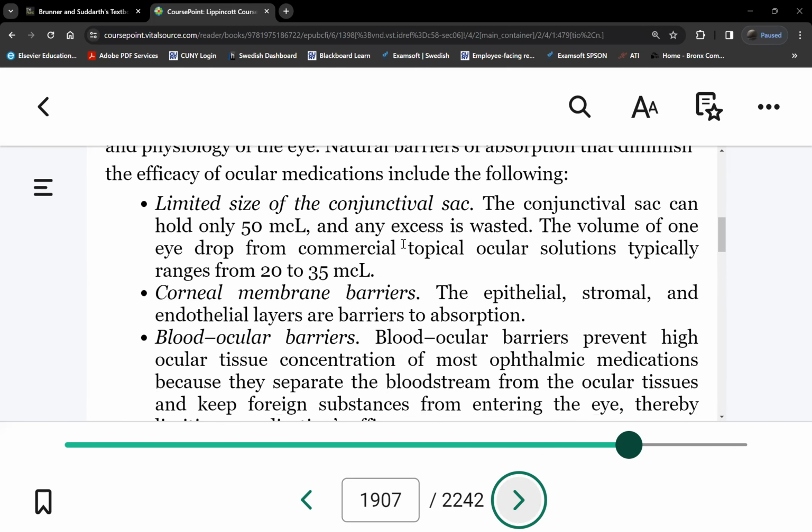So here are a few facts which will help you answer or make sense of our actions on administration of eye drops. For instance, this first bullet here. So when you apply eye drops, do you apply them one after the other? How long do you wait between administration of the same eye drop to the same eyeball?